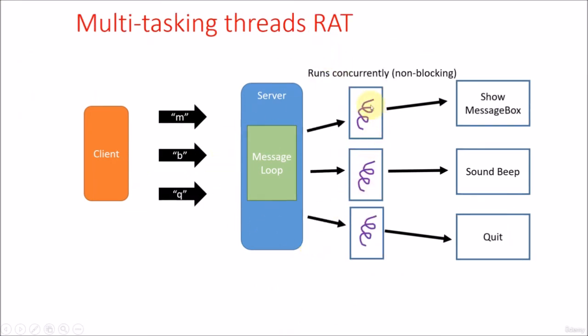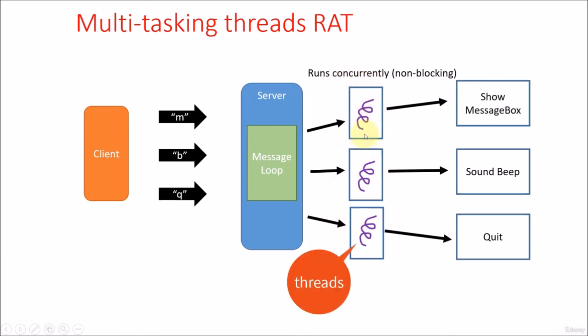Now this is another new design, multitasking threads RAT. On the left you will see the client as usual, and the client can send messages M for showing message box, B for beeping, and Q for quit. Now we are introducing a new technology here, which is called threads.